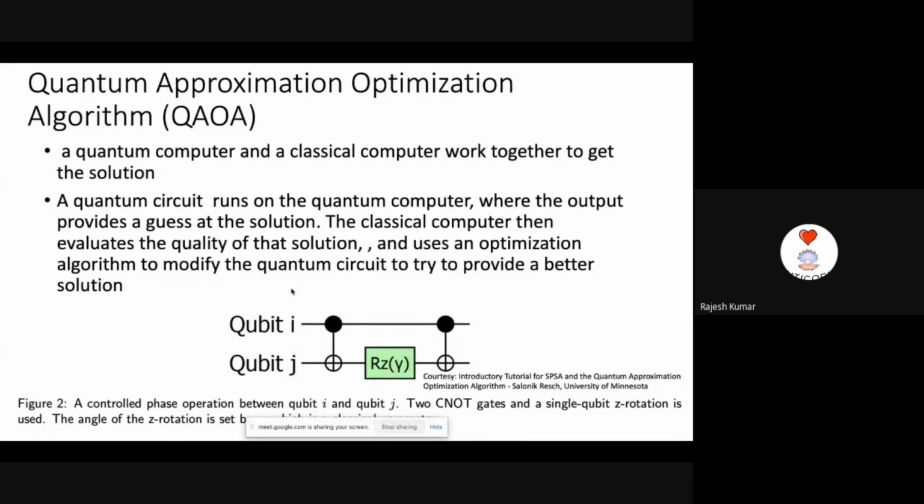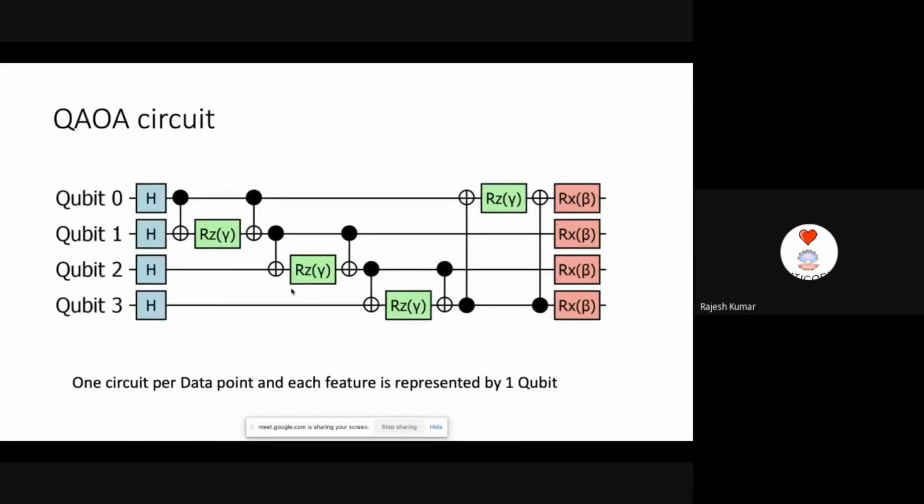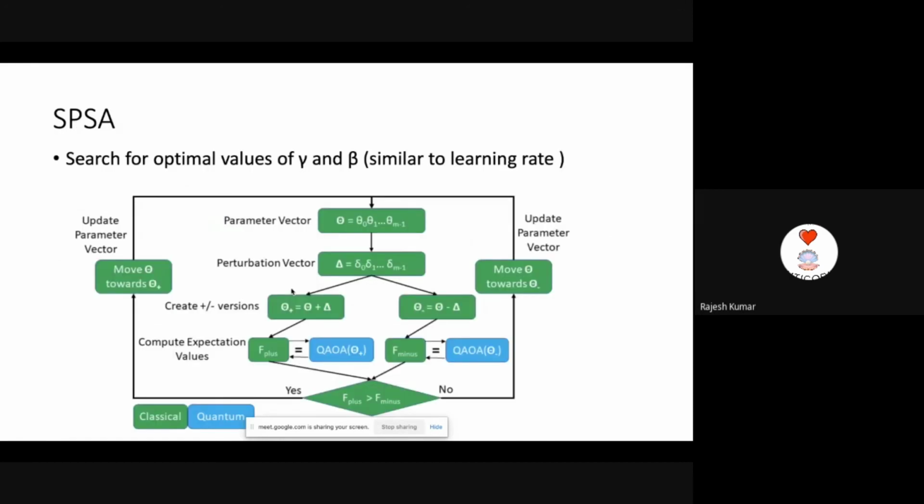The quantum approximate optimization algorithm is one thing. They have come out with a circuit like this, which will help us get that coefficient value, and then the optimization we are doing. And this is another approach, where the green ones happen completely at the classical level, and the blue ones happen completely at the quantum level.